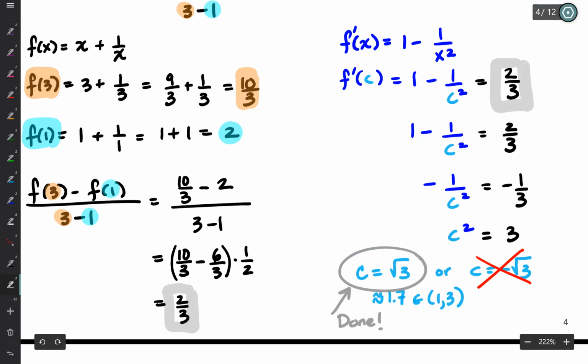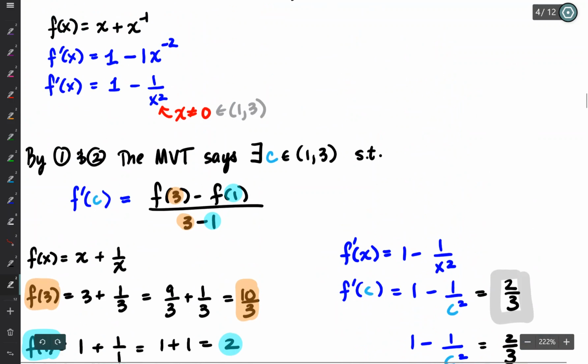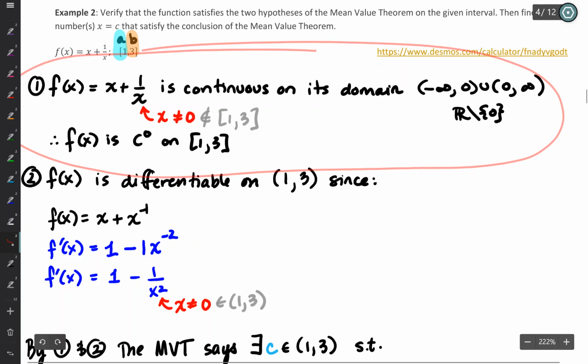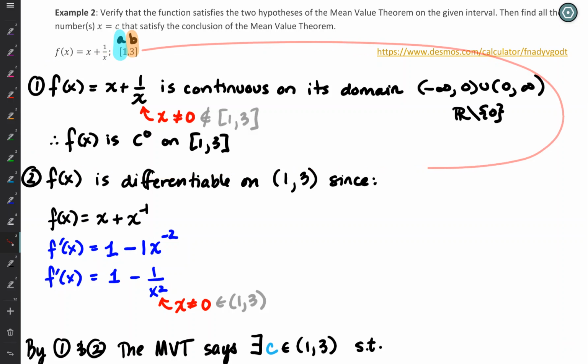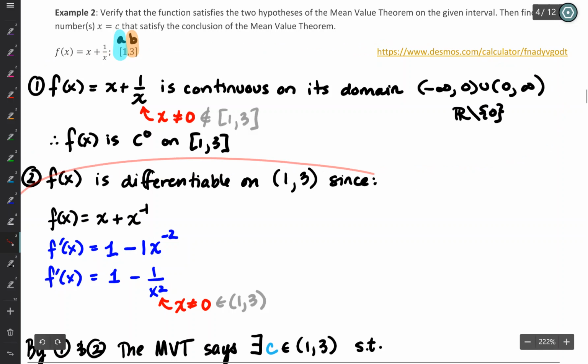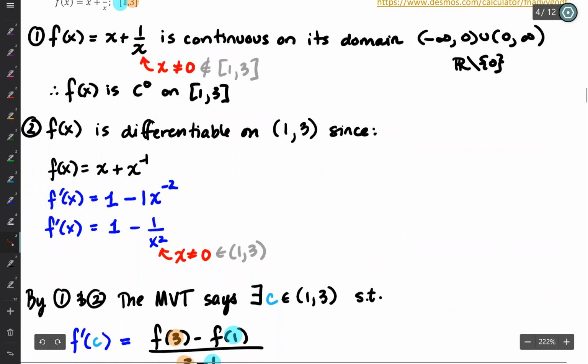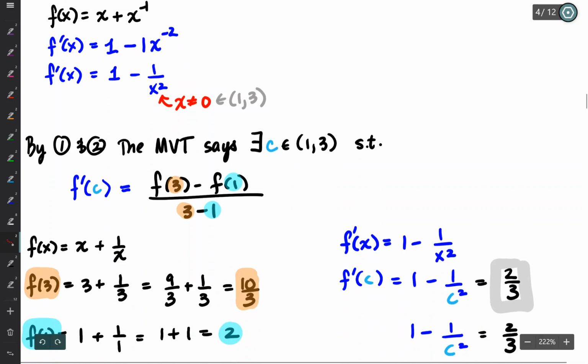We're going to look at this graphically, but what we have just done is that we've verified that my function is continuous on the closed interval 1 to 3. It's differentiable on the open interval. That really just amounted to saying, hey, the function and its derivative exist on their domain, and there are no domain restrictions in the intervals, respectively, the closed and the open.